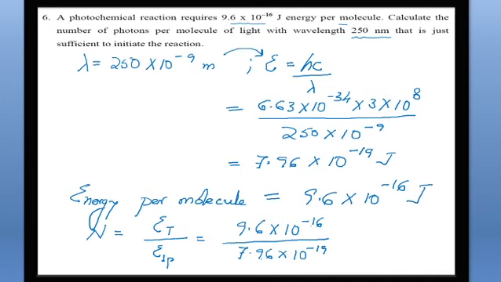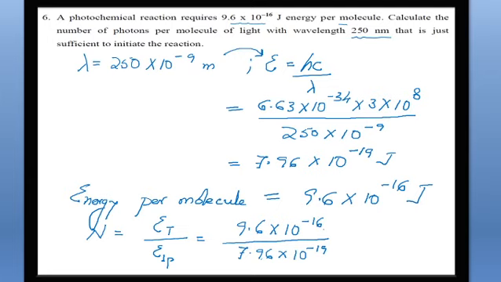So 1000 is already there, then 9.6 upon 7.96. I'll quickly use my calculator. 9.6 divided by 7.96 is approximately 1.21, into 1000.